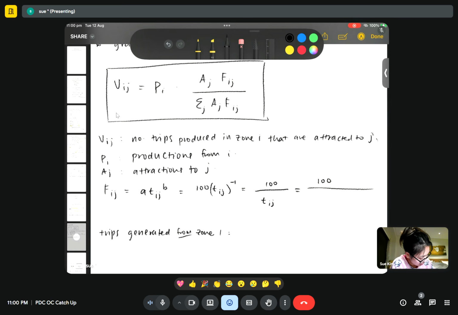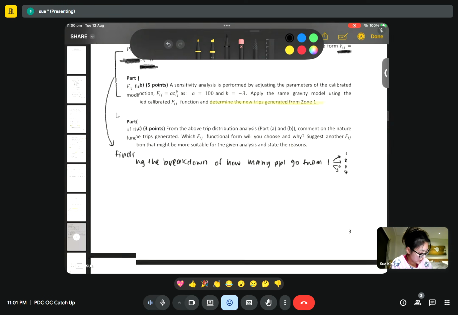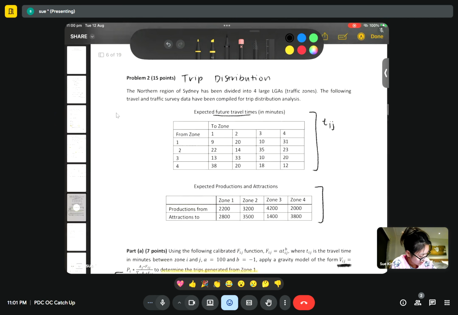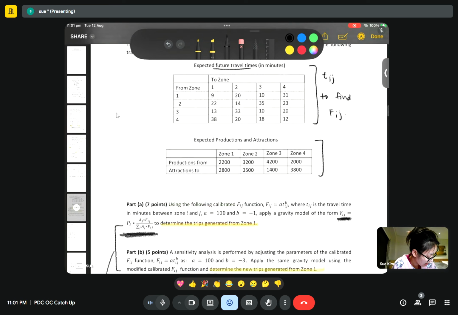That's equal to 100 over the time it takes to go from I to J, and we get this value from the first table here. And then our Pi and Aj are going to come from the second table.